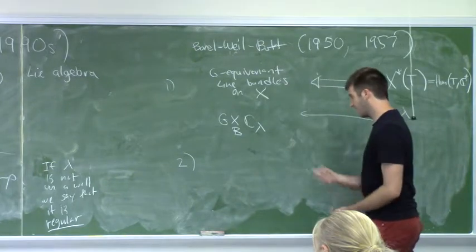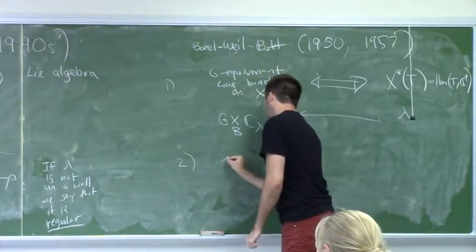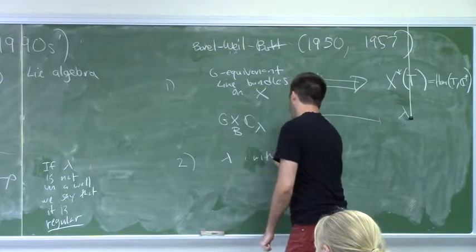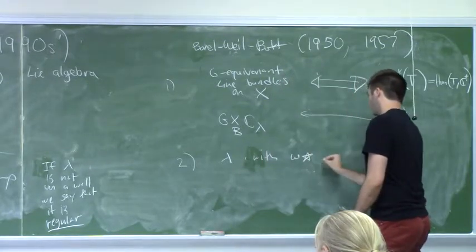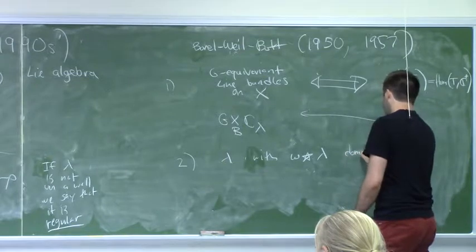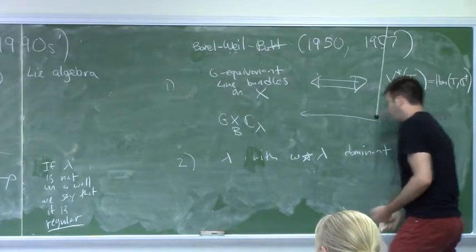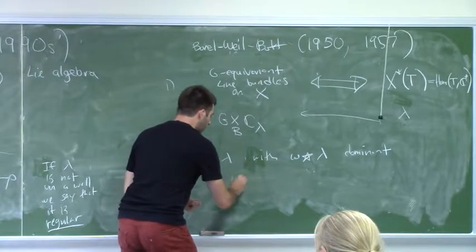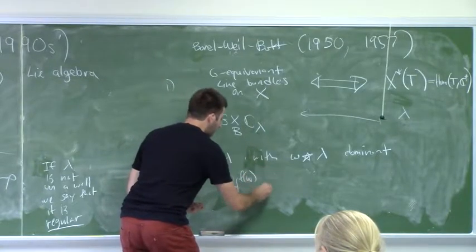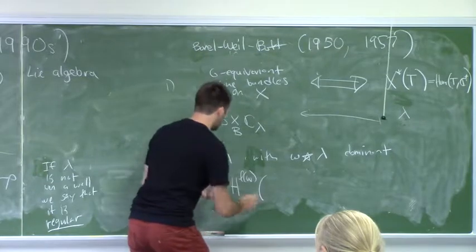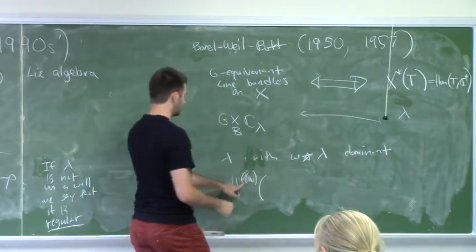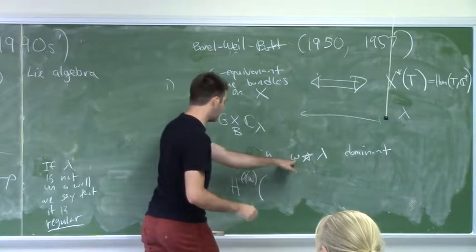And so their theorem says the following. Let lambda be such that W star lambda is dominant. Then the theorem says that the cohomology of our line bundle is entirely concentrated in one degree, which is given by the length of this element of our Weil group.